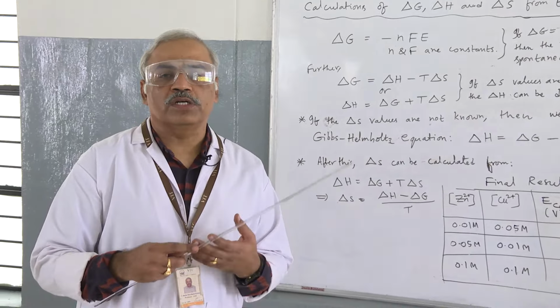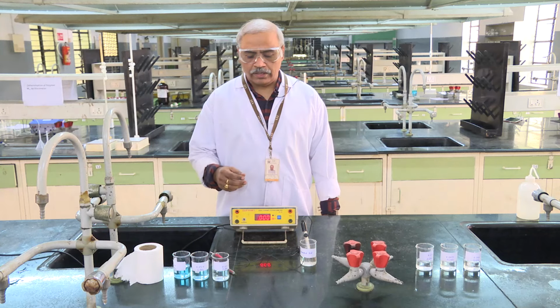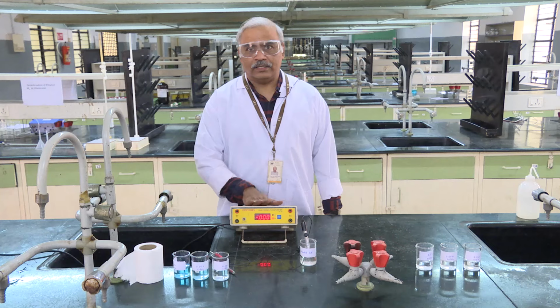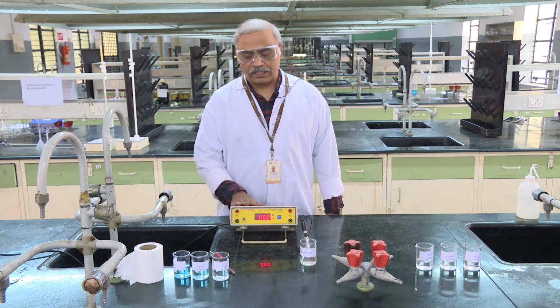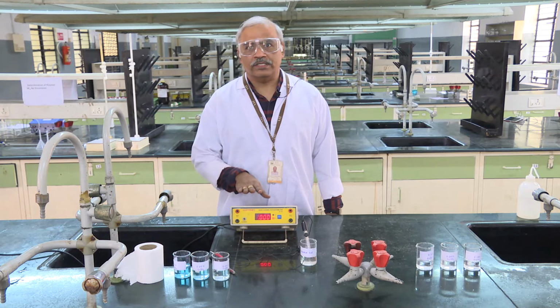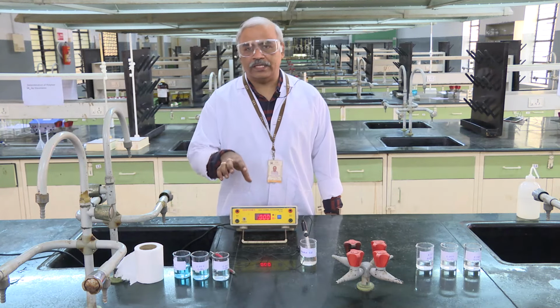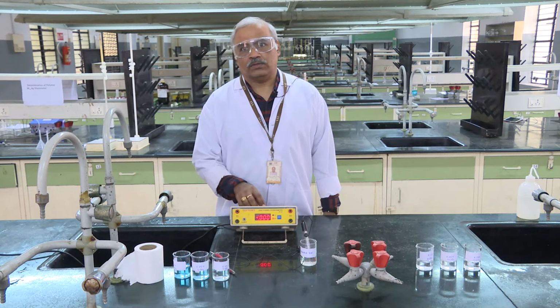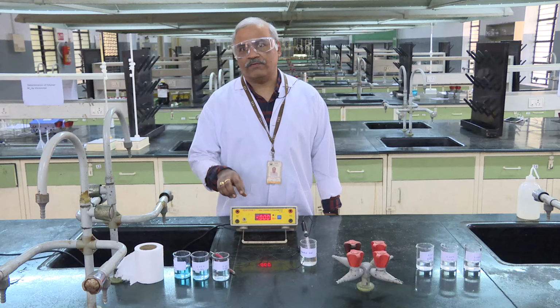Now we are coming to the experimental section where we are going to use a digital potentiometer, and this particular experiment has 2 parts. The first part is we are going to measure the single electrode potentials of zinc and copper electrodes, dipped in their respective salt solutions, with respect to the calomel electrode. Here the calomel electrode is a reference electrode.